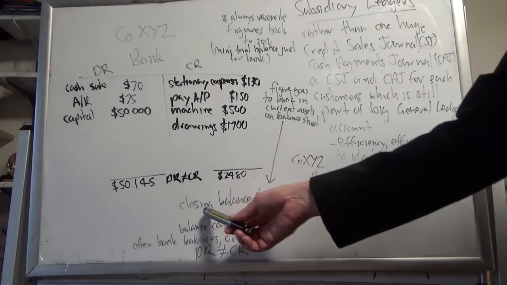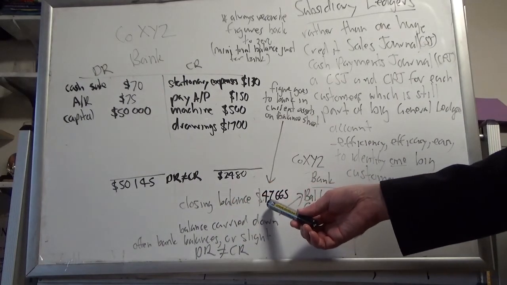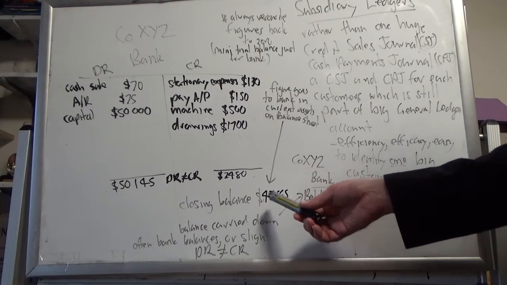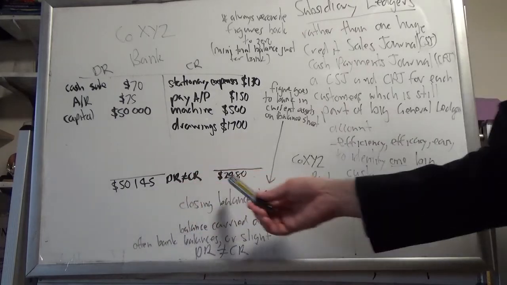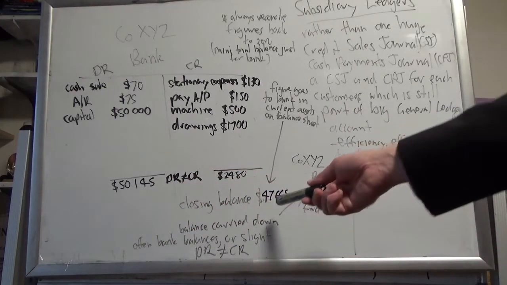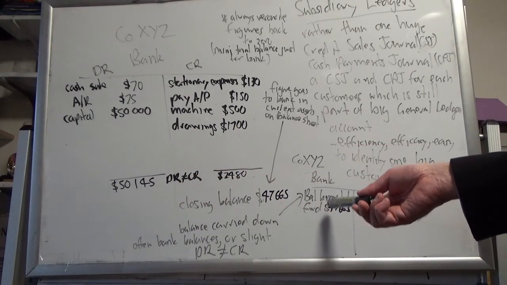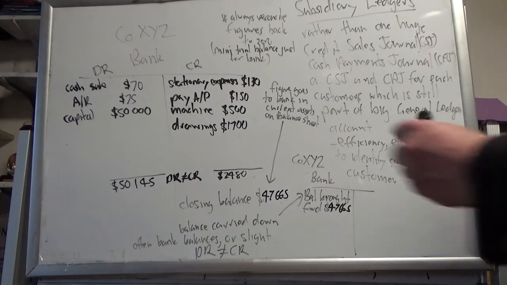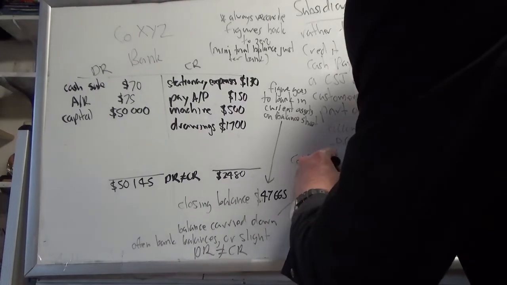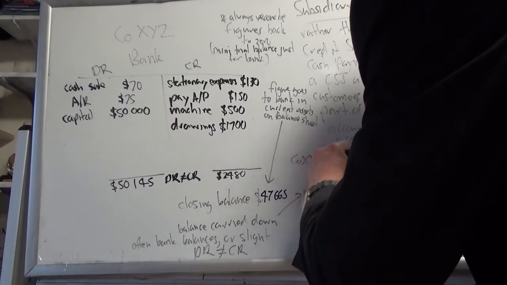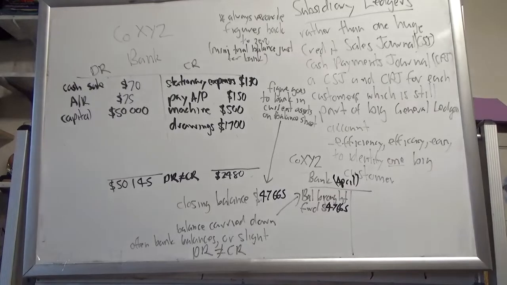You find the difference, and that becomes closing balance, $47,665. The difference between those two figures. That figure becomes balance brought forward in the next period of bank for April. So we could just make a little note here, April. That's the next month after March.